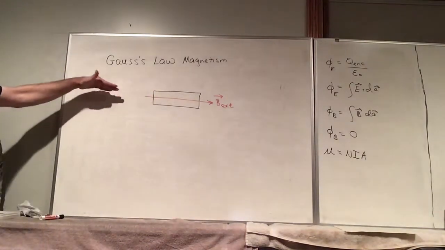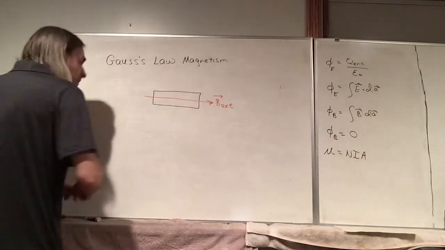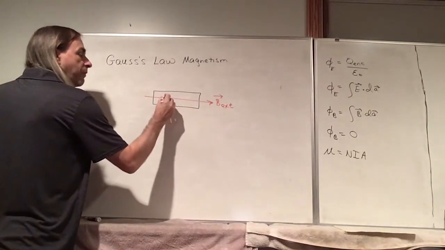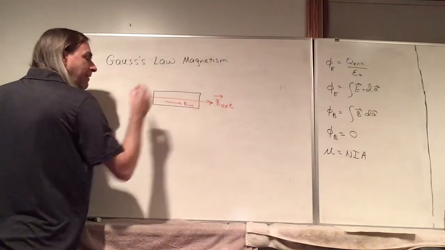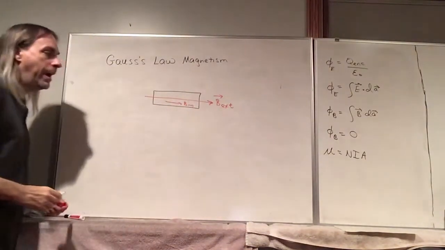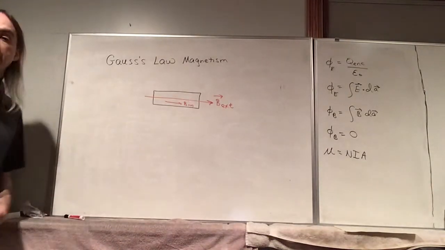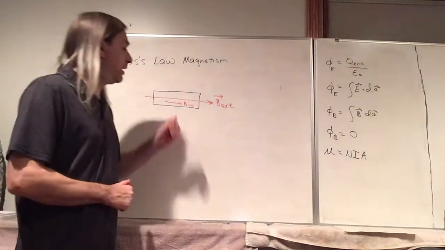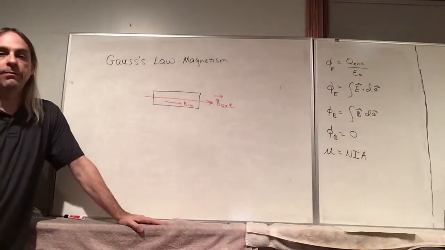But if you apply an external field, they're going to line up. And so the net effect is we're going to create this internal field in the same direction as the external field. And so now we have a stronger magnetic field inside and maybe a little bit outside this material as well.